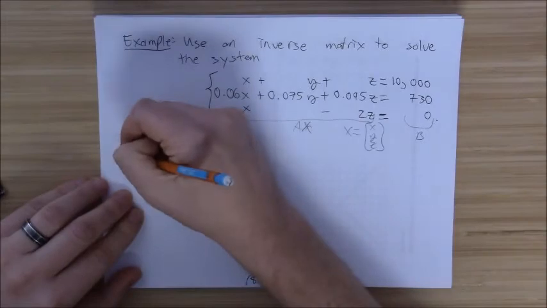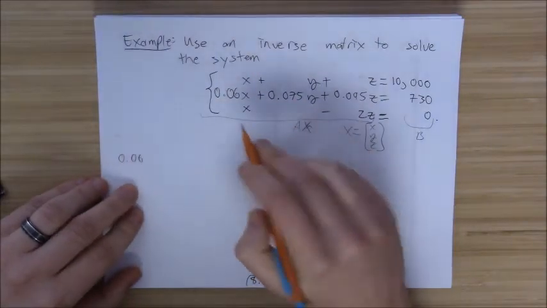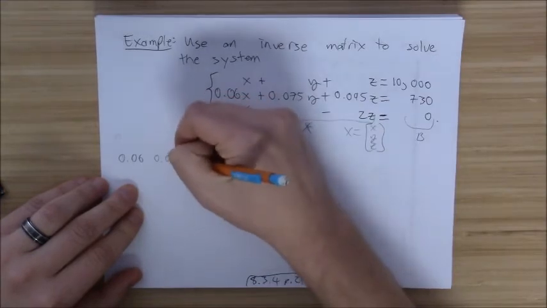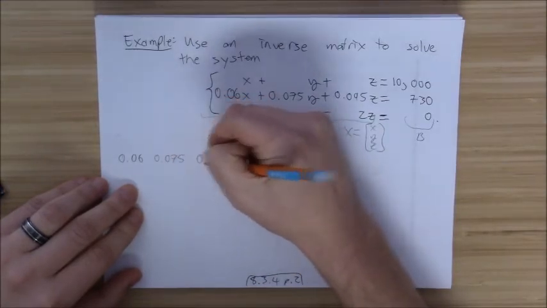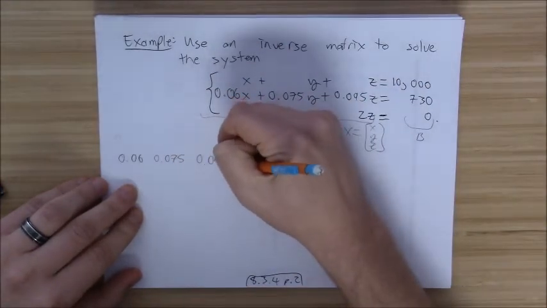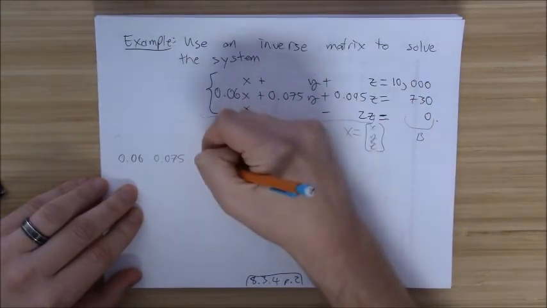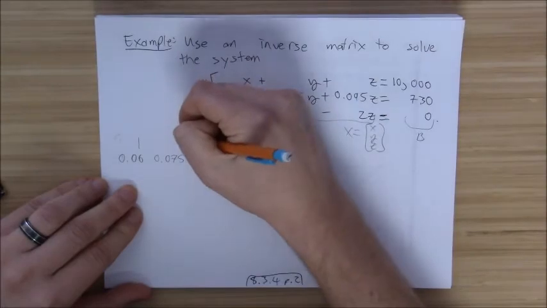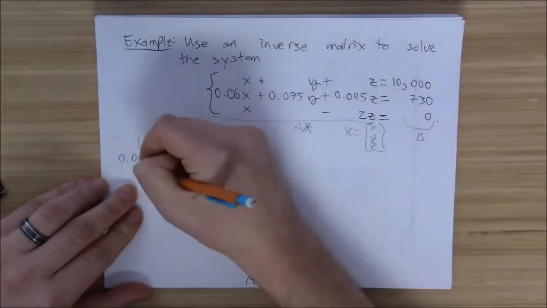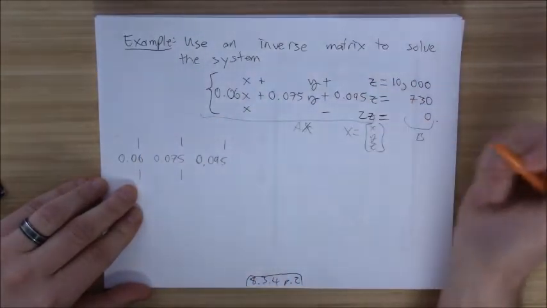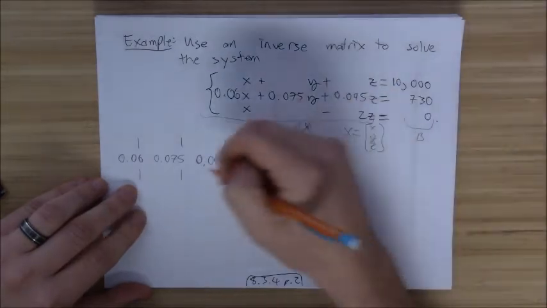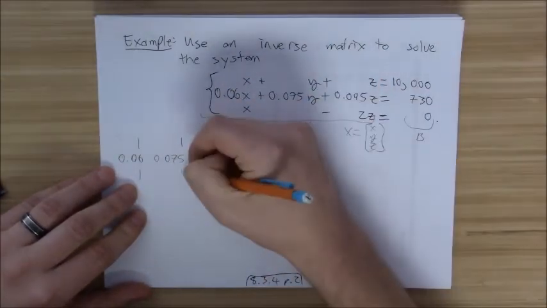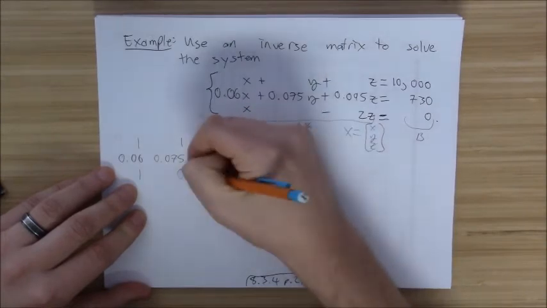I'll write out the middle row first because it's going to be the longest: 0.06, 0.075, 0.095. Here we would have a 1, a 1, and a 1. And here a 1, a 0, and a 2.